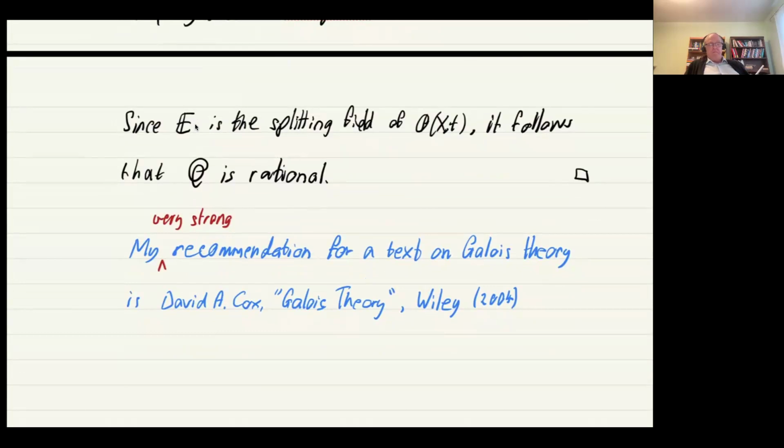Again, I'm not going to assign an exercise that requires you to remember some fact from Galois theory. I might have an exercise where I quote some fact from Galois theory and then you use it. But this is the way we do algebraic graph theory: we steal results from algebra and use them. We don't always worry about whether we understand the proof or not.